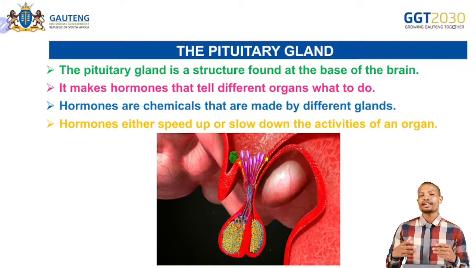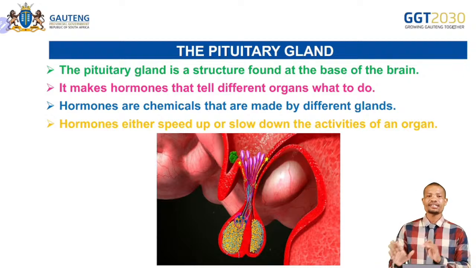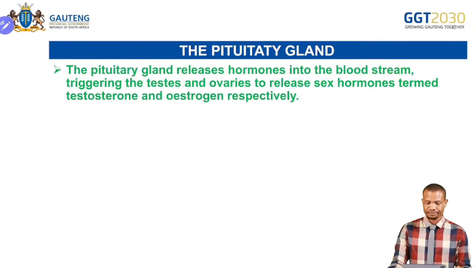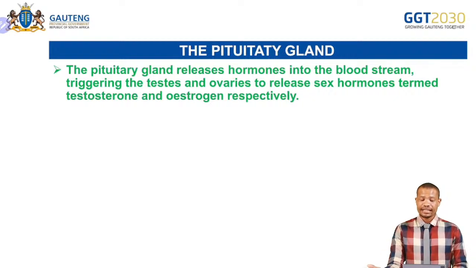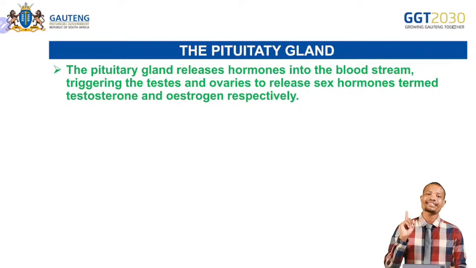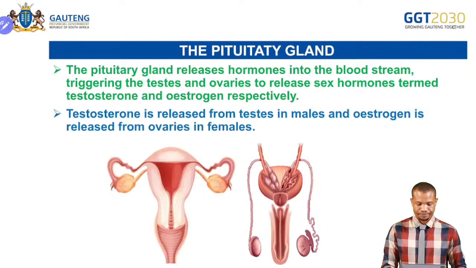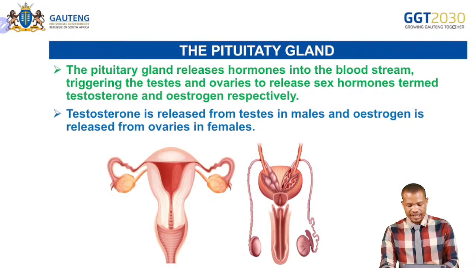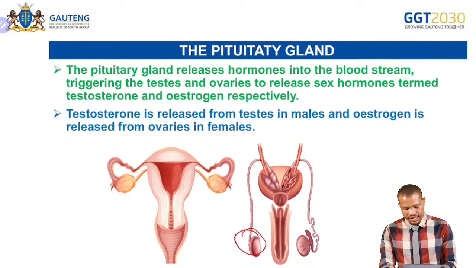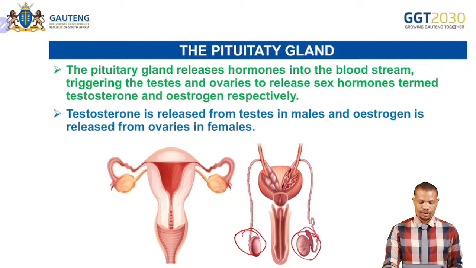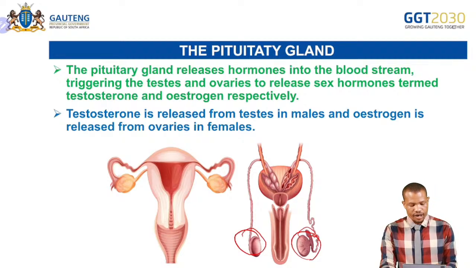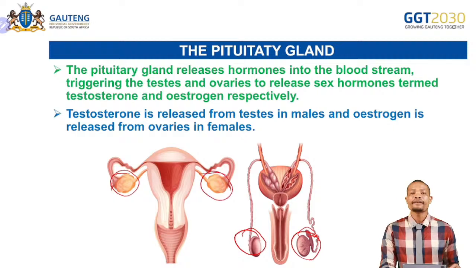So as we said, the pituitary gland releases hormones into the bloodstream, which triggers the testes and the ovaries to release sex hormones, which we know as testosterone in males and estrogen in females. So testosterone is released from the testes of the male. These are the testes. That's where testosterone is produced. And estrogen is produced from the ovaries of a female.